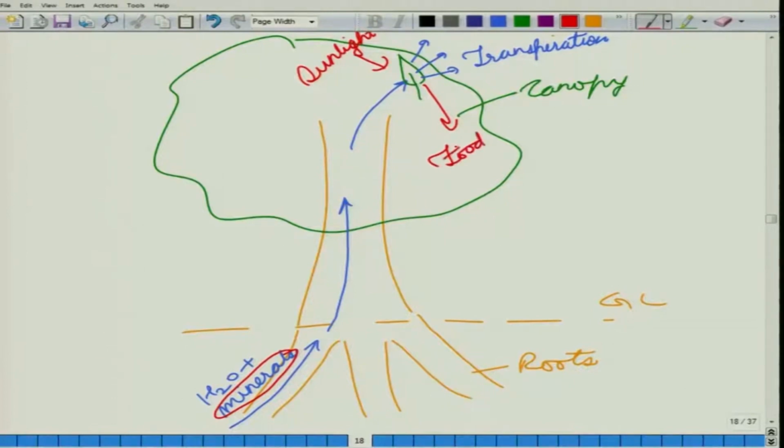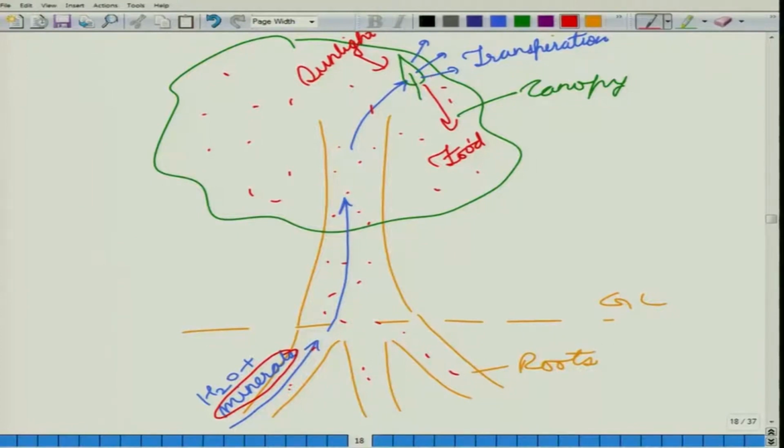Now that food would consist of carbohydrates, sugars, plus these minerals. They would also be distributed back to all parts of the plant through its phloem tissues. So you will have minerals everywhere plus the food that goes to all the locations.